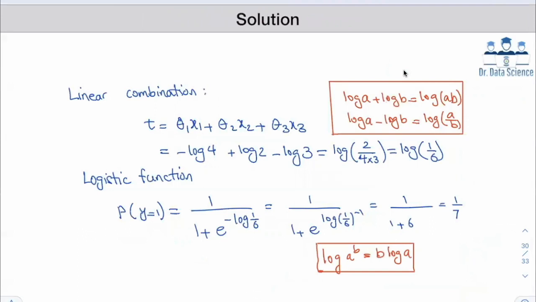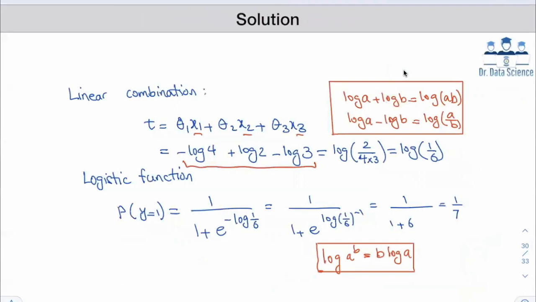Remember that logistic regression has two parts. The first part is finding the linear combination, and that's where we have theta 1 x1, theta 2 x2, theta 3 x3. All these theta 1, theta 2, theta 3 are given in the previous slide, and we know that x1, x2, and x3 are all equal to 1. That's what we get here.